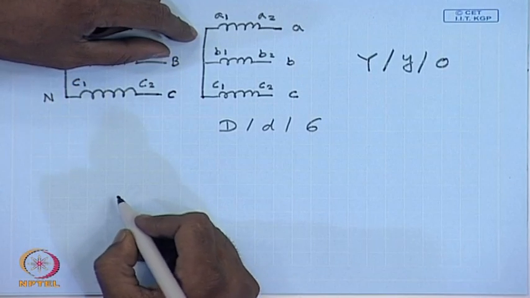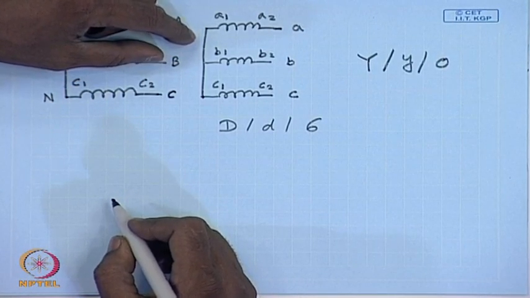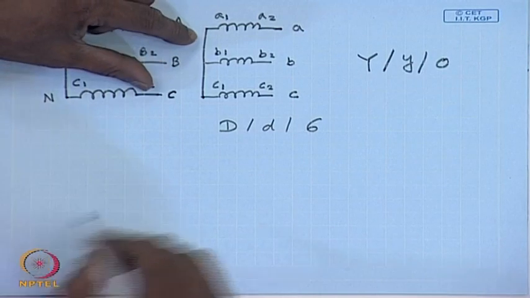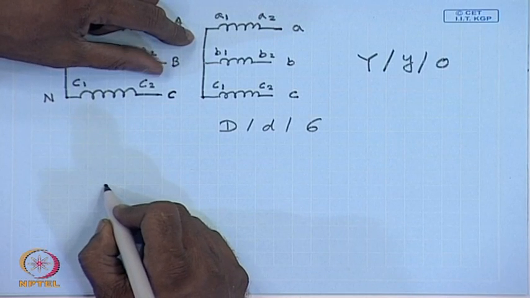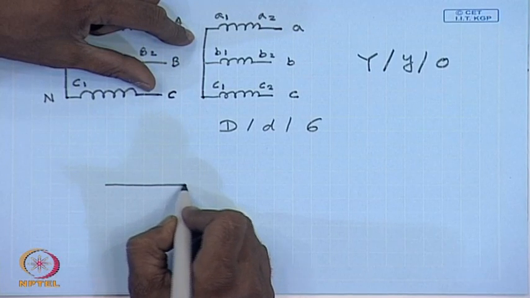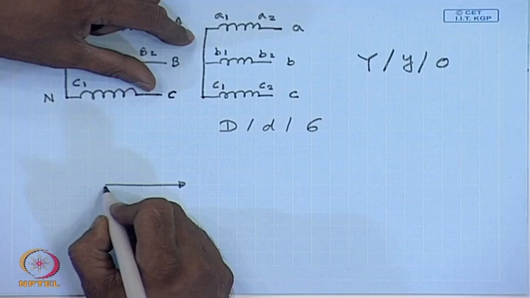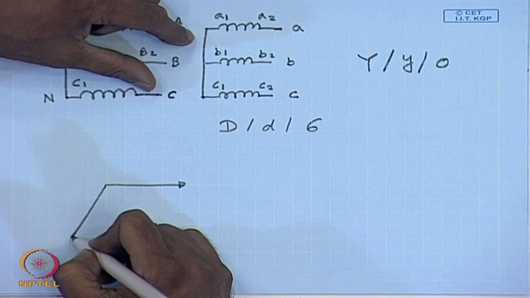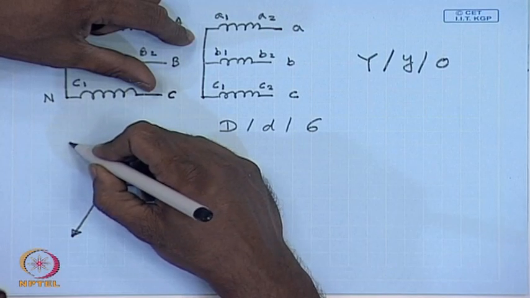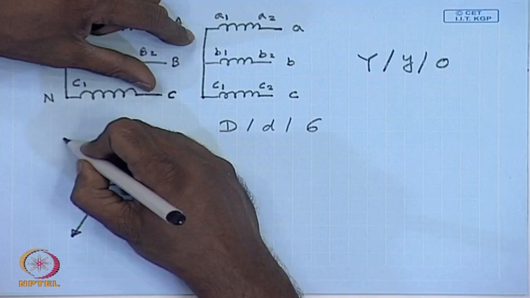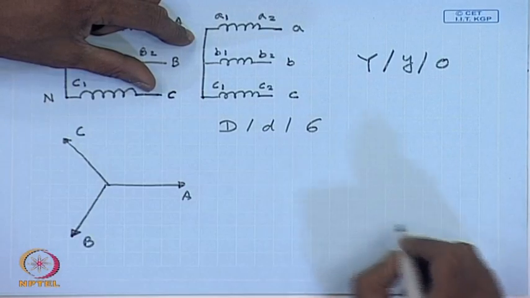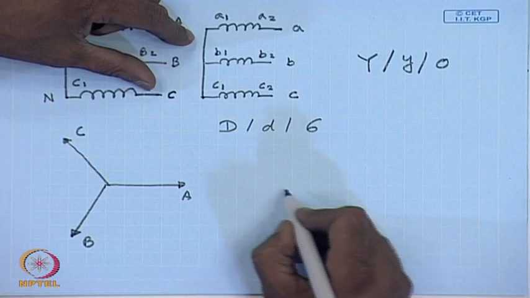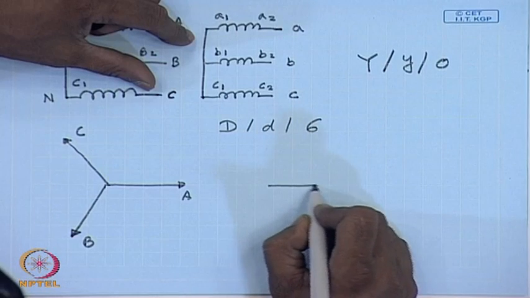So, let us again see, this is the line to neutral phasor of the high voltage side A, B, C. Then the low voltage side we want it to be like this.